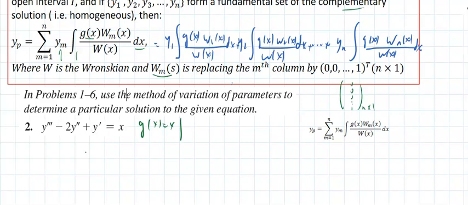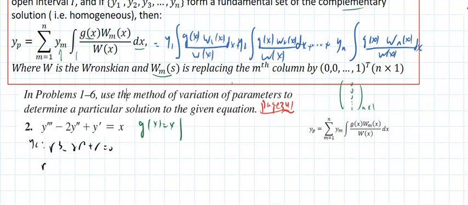Well, the complementary solution, by the way, this is on page 341. Okay, so r cubed minus 2r squared plus r equal to 0.